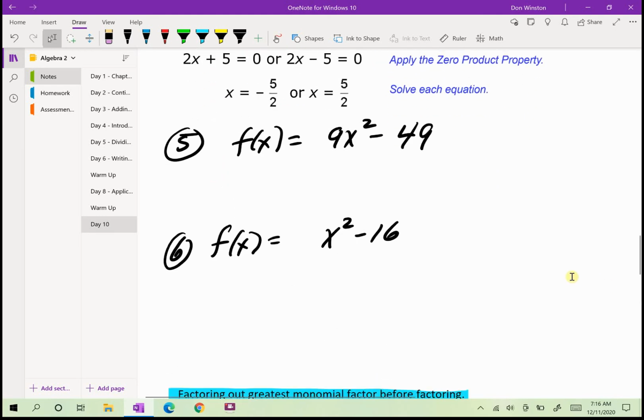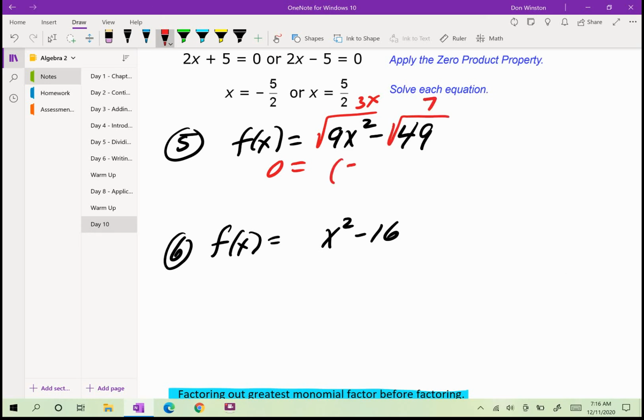Okay, pause the video and do 5 and 6. Okay, so we want to find the zeros, so 0 equals 9x squared minus 49. 9 is a perfect square, and x squared is a perfect square, so my a will be 3x and my b will be 7.